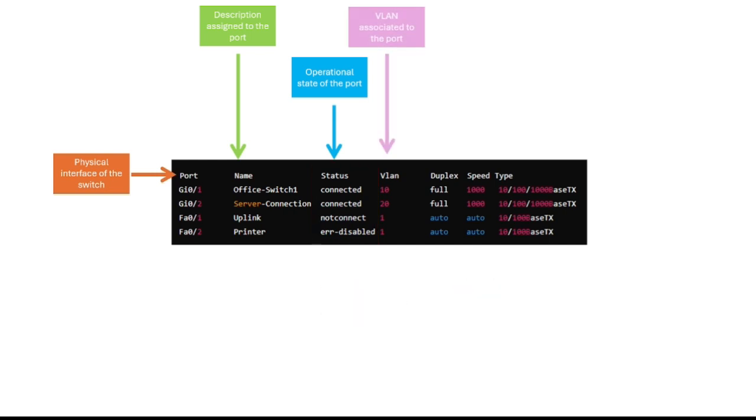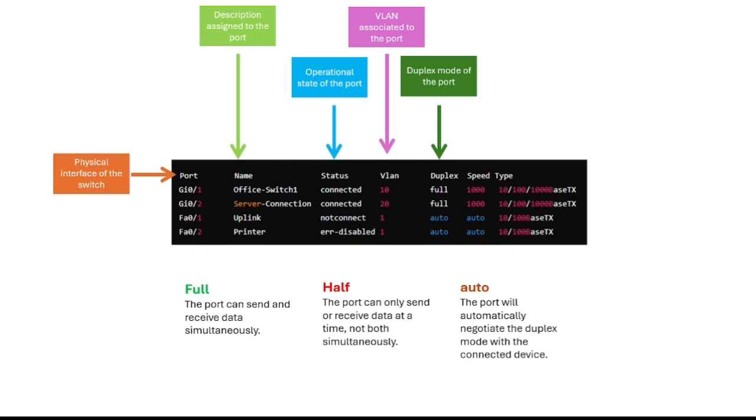Next column is the VLAN number associated with the port. The next column is the duplex mode of the port, and there are three results for this. It can be full duplex, which means that the port can send and receive data simultaneously; half, which means the port can only send or receive data at a time, not both simultaneously; and auto, where the port will automatically negotiate the duplex mode with the connected device.